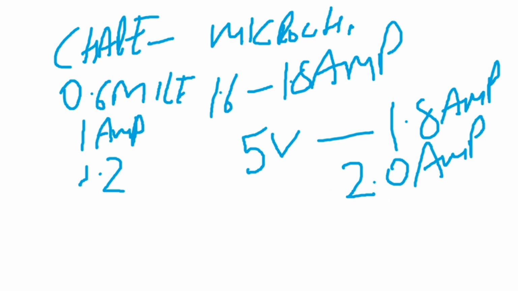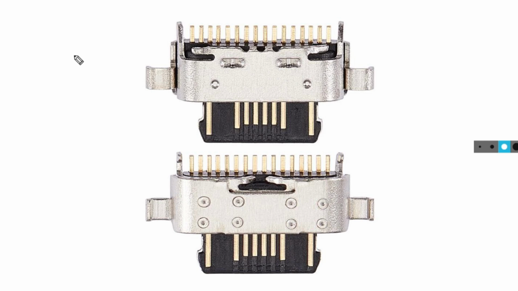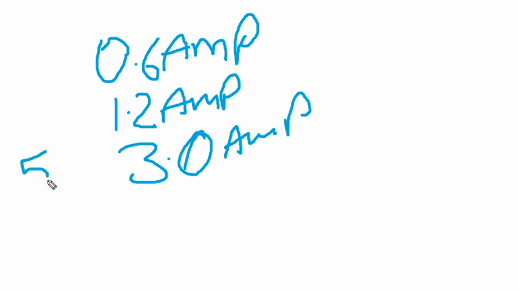Now, when companies introduced the C-type port, when you connect a C-type phone charger, at first it consumes 0.6 milliampere. After a few seconds, it goes to 1 ampere or 1.2 ampere. After a few seconds, when everything is okay, it goes to about 3 ampere, or directly from 5 volt to 9 volt at 2 ampere.